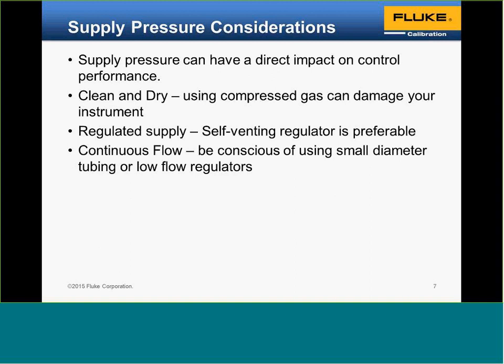If you have continuous flow, be conscious of using small diameter tubing or low flow regulators. This really plays a part when you're trying to control into a large volume. If you think about it, you'll have some sort of gas supply going into a pressure controller to then feed and fill a large volume.